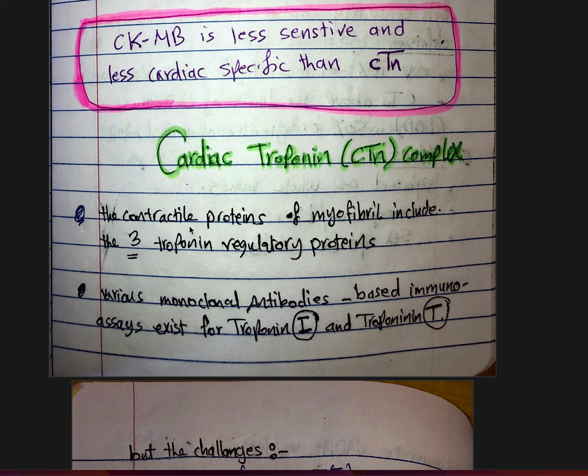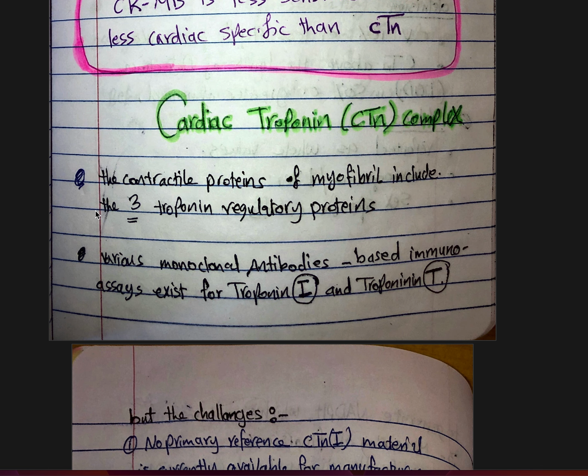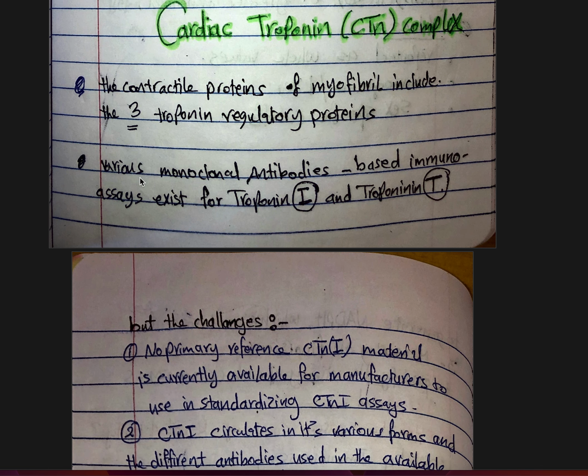They are the contractile proteins of the myofibers. It includes 3 troponin regulatory proteins. As you can see, they are contractile proteins, so they are responsible for the contractions of the myofiber, and they contain the 3 troponin regulatory proteins.